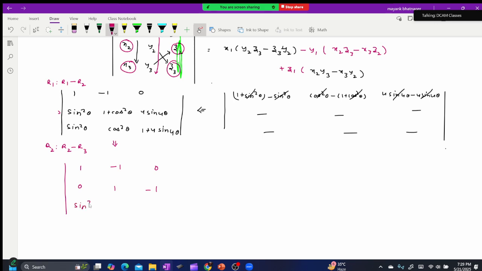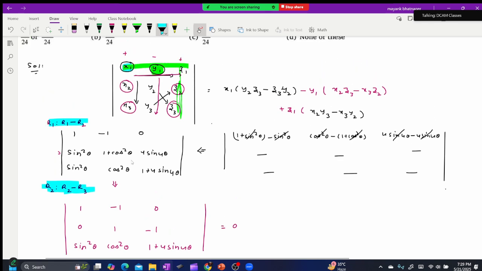Now do you think it has become easier? Now you can solve it easily. Try to solve it and get the answer. First we did R1 minus R2 and then R2 minus R3, right? We subtracted one row from the other.